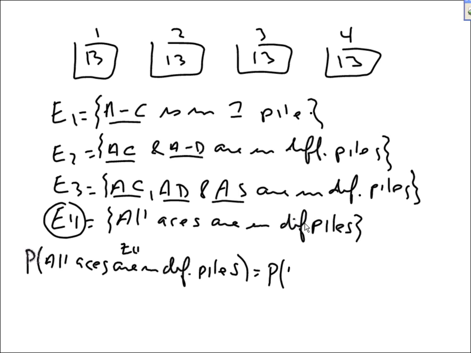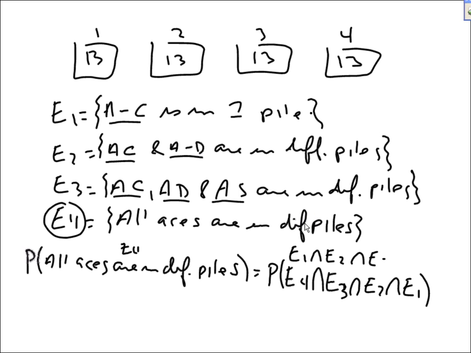But E4 turns out to be E4 intersect E3 intersect E2 intersect E1. And I prefer to write it in this order.